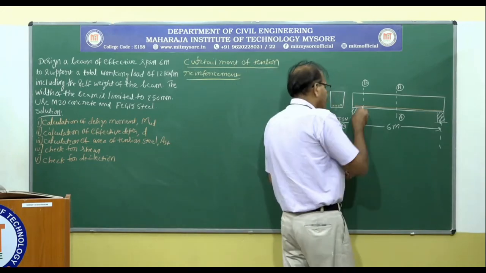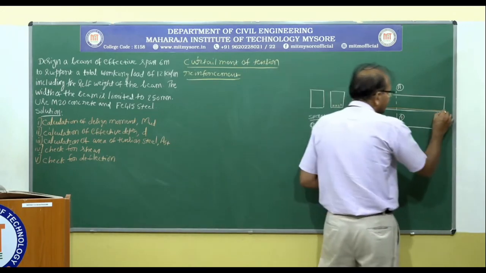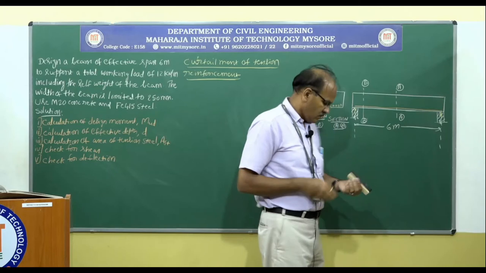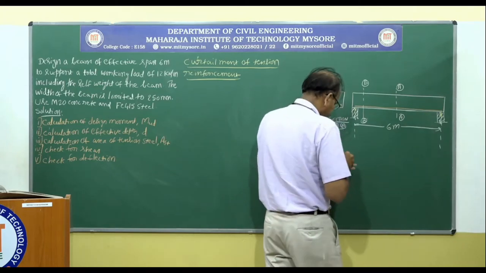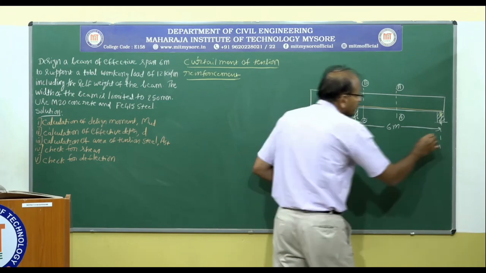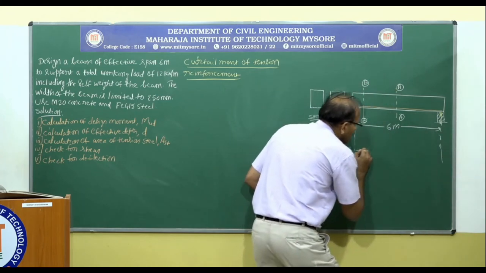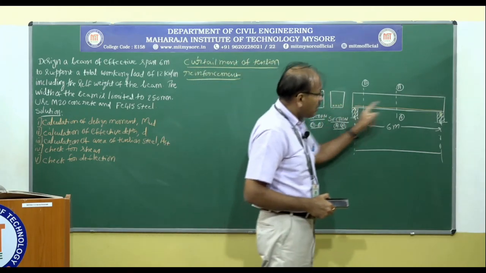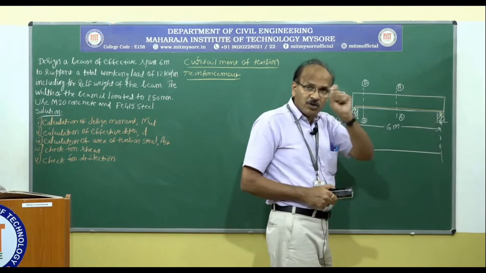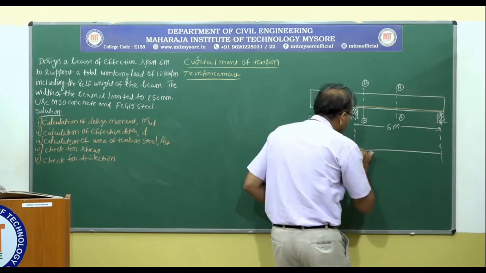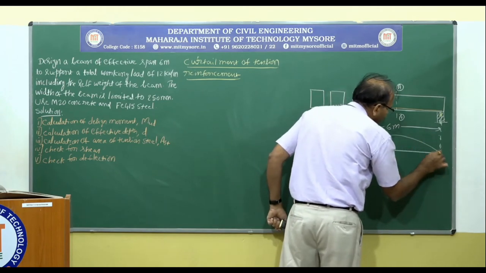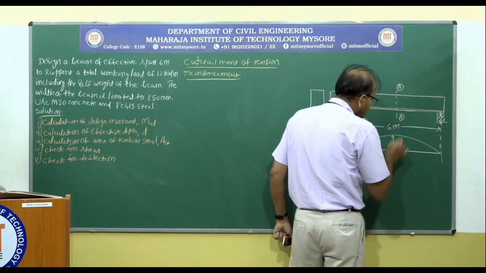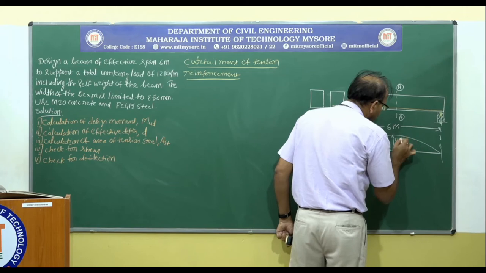So if this is the support, it will have certain width. Support width is not given. So if I extend this like this, and if I draw the bending moment diagram for this simply supported beam under uniformly distributed load, I am going to get the bending moment diagram like this. And of course, I am going to get maximum bending moment at the midsection of magnitude WL square by 8.